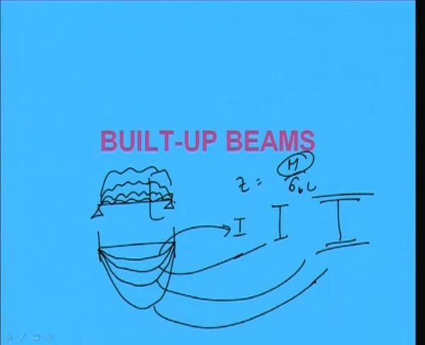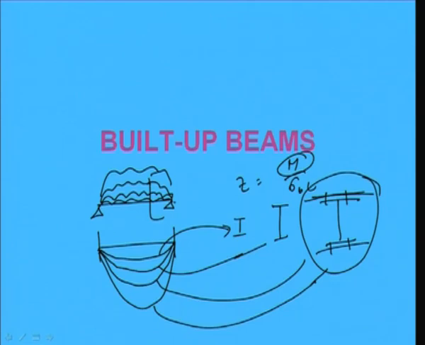That means we can increase the moment of inertia and other properties by addition of additional plates. Plates can be added, or other rolled sections can be added, like a channel or I sections. In this way, we can increase the moment of inertia as a whole, or the section modulus as a whole.